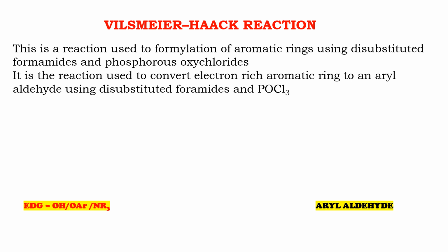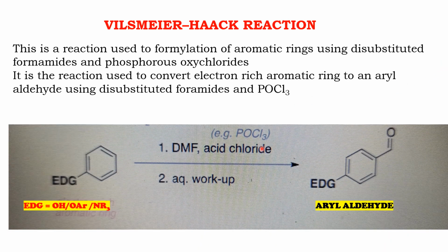The reaction is used to convert electron-rich aromatic compounds to an aryl aldehyde. So the condition is that the ring should be electron-rich and there should be disubstituted formamides and phosphorus oxychloride, POCl3. See here, I have an aromatic ring with groups like OH, OAr or NH2.